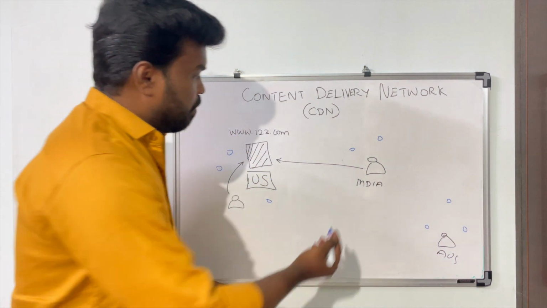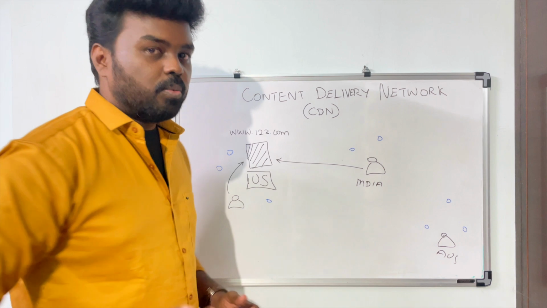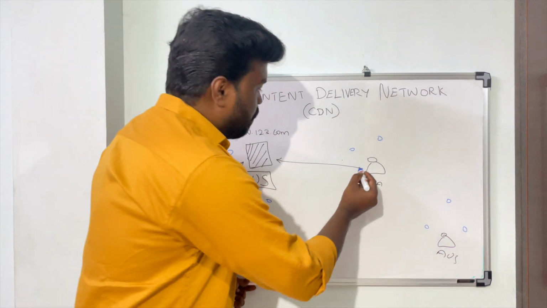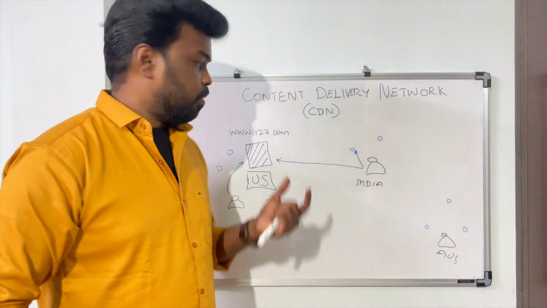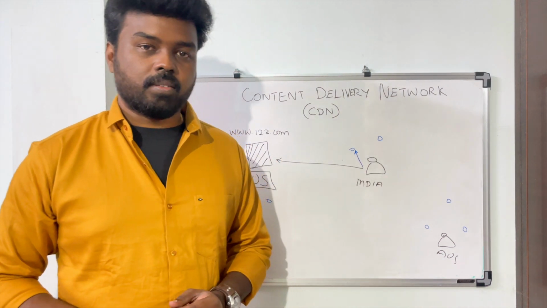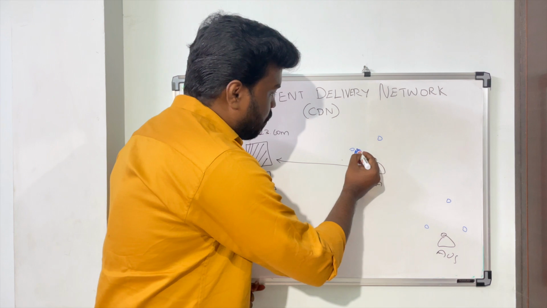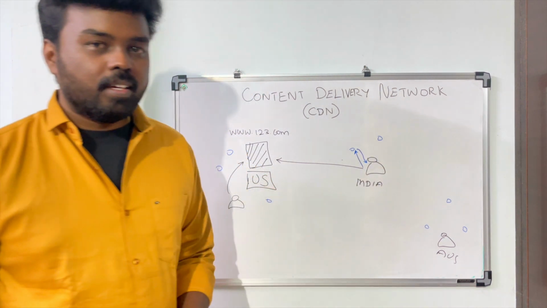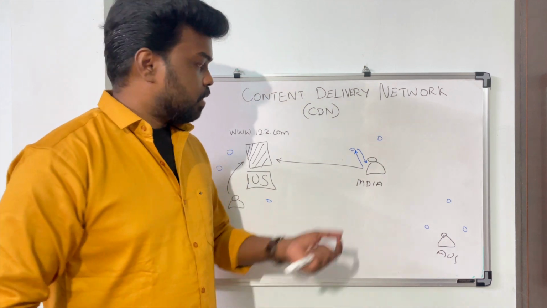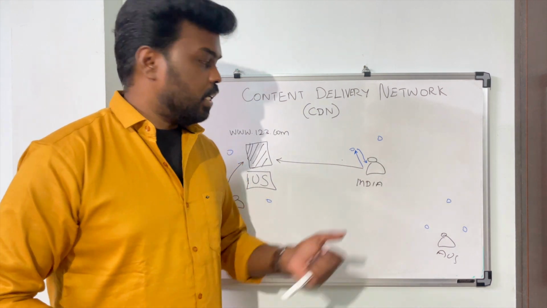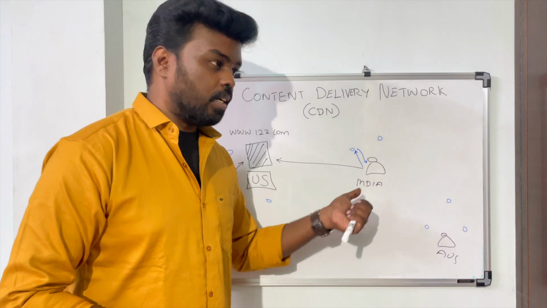When a user from India tries to visit the website 123.com, the request will first go to the edge location and check if the cached content for the website is available there. If it is available, then the content will be immediately returned to the user. So now the website loading time would be much better, because the content is served from the nearest edge location instead of from the origin server.